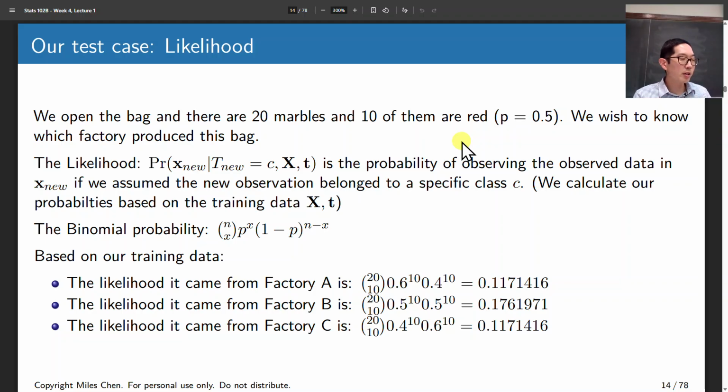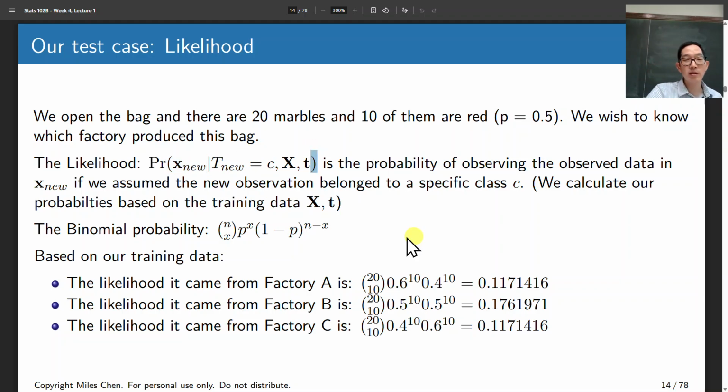So part of it is going to say, well, okay, let's look at the likelihood of getting our data. We want to know what is the probability of getting our data, in this case, 10 red marbles out of 20 marbles, okay? And we want to know, okay, what is the probability of getting that result if it came from factory A? What is the probability of getting that result if it came from factory B? And what's that result if it came from factory C?